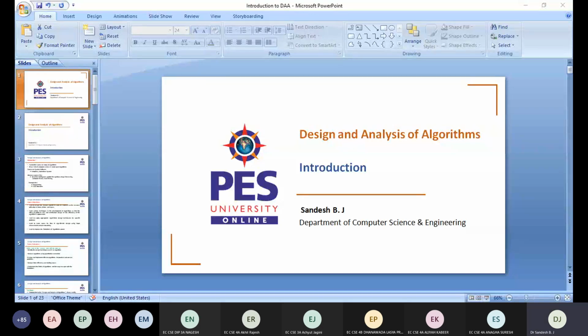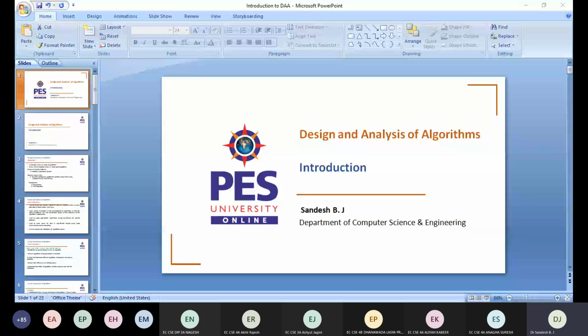So looking at this, you could say most of the computer science field is made up of algorithms, and being a computer science engineer, it is very important for you to learn how to develop an algorithm for a given problem.